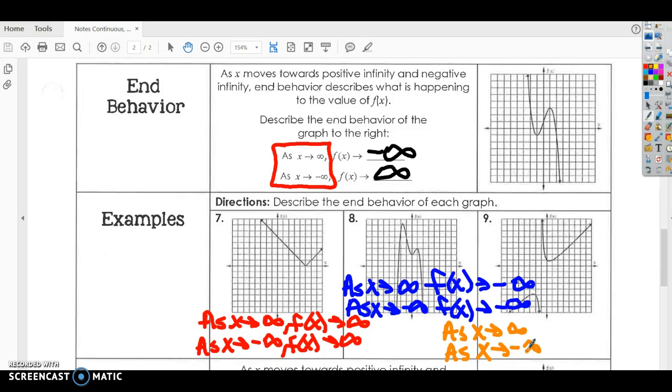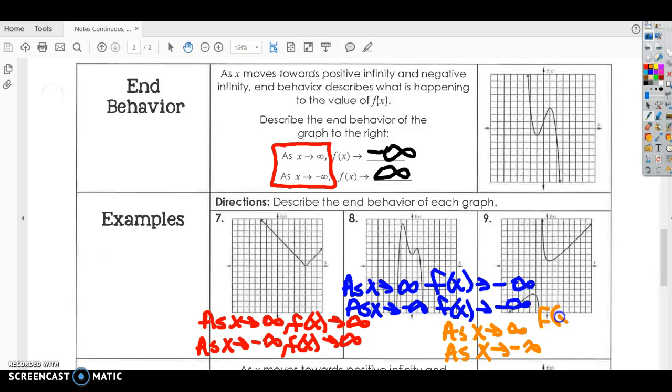All right, my pen has stopped working. Let's see if it'll start back up. Since my pen's not going to work, for our f of x here, if we look as x goes positive, our y's are going up. So let's see if I can write with my finger.